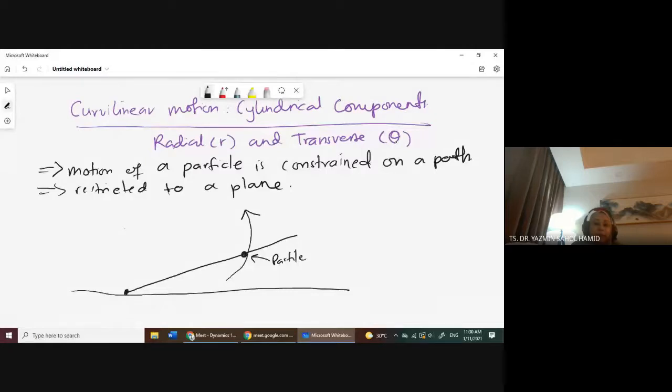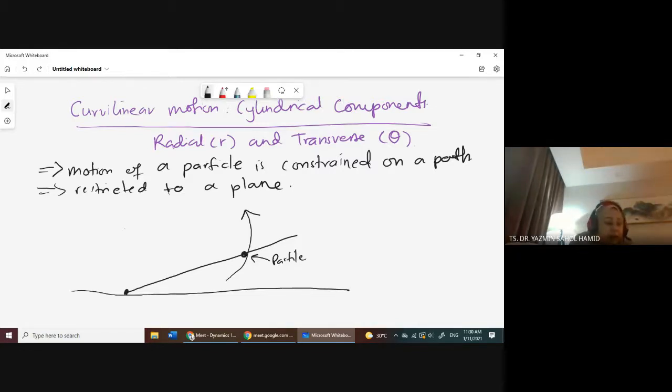Okay, so let's say this is our theta. Then we need to identify the transverse and the radial. Let me explain to you first what it is. We can specify the coordinates of this particle using the radial coordinate.